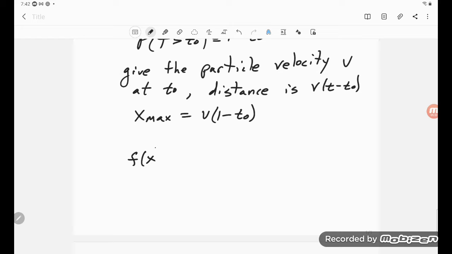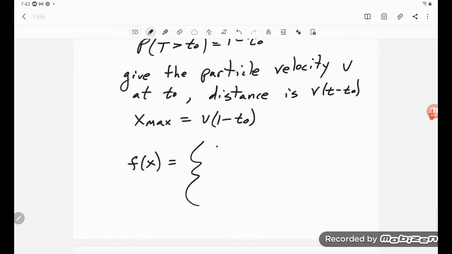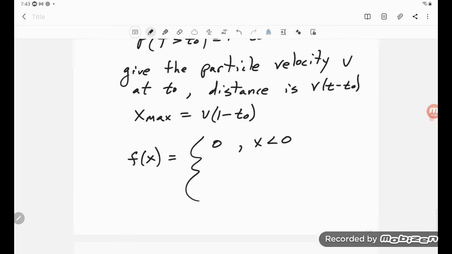So what happens here? As we look at our joint distribution, or not joint distribution, sorry, mixed distribution, it's going to be 0 as long as x is less than 0.